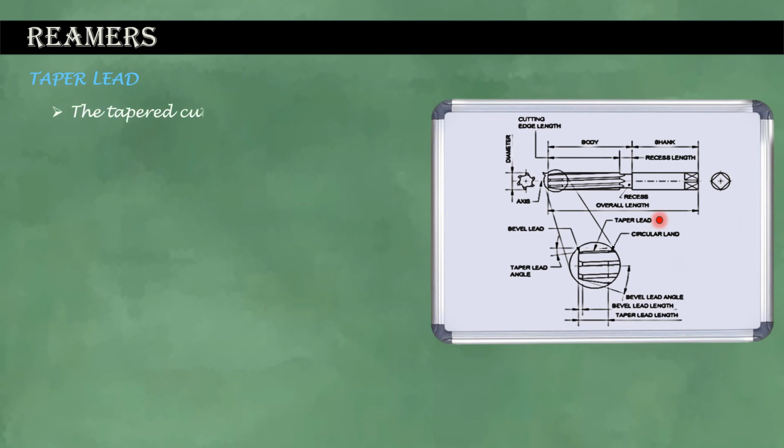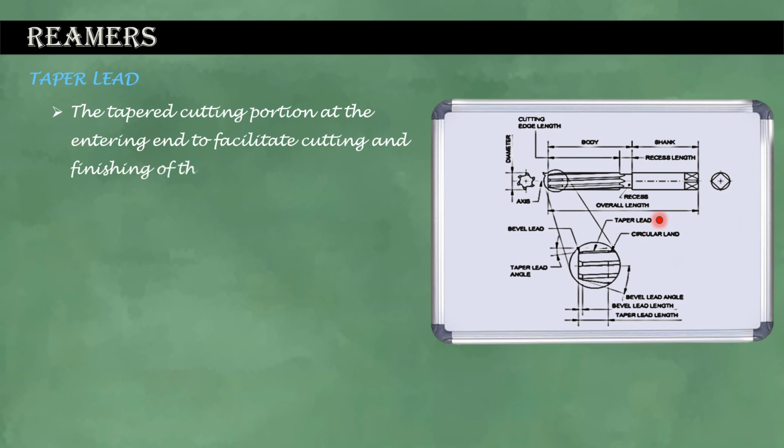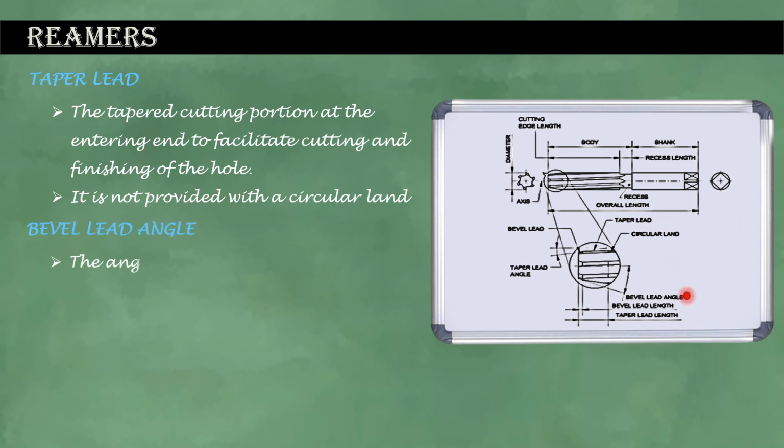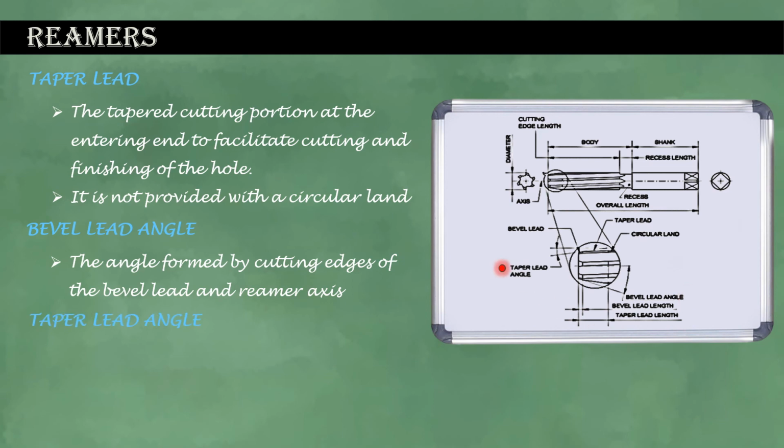The tapered cutting portion at the entering end, to facilitate cutting and finishing of the hole. It is not provided with a circular land. Bevel lead angle. The angle formed by cutting edges of the bevel lead and reamer axis. Taper lead angle. The angle formed by cutting edges of the taper and reamer axis.